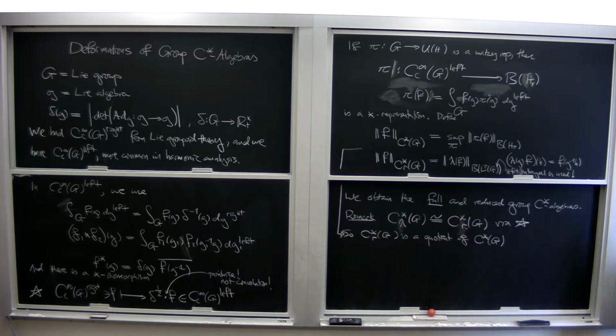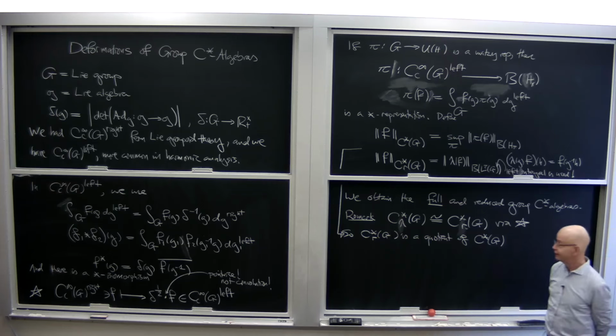So there's an obvious continuous map from C star max to C star reduced. And the image of a C star algebra homomorphism is always closed. And that means it must, in this situation, be surjective.